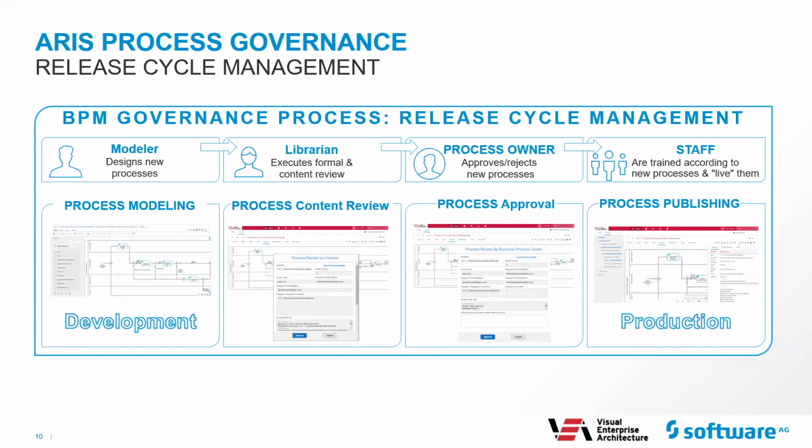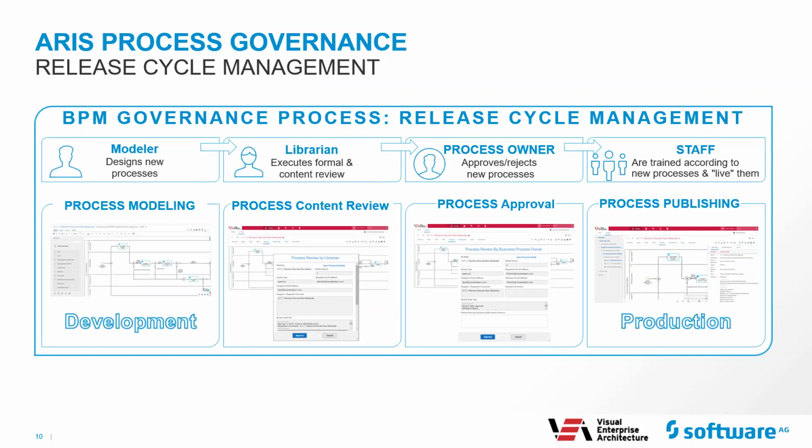So they're making sure that the model adheres to the standards and guidelines, is aligned to the framework correctly, and so forth. Once they either approve or reject it, if they approve it, it would go to the process owner automatically. If they reject the model, the modeler would get a notification back, and then the RCM process would stop.